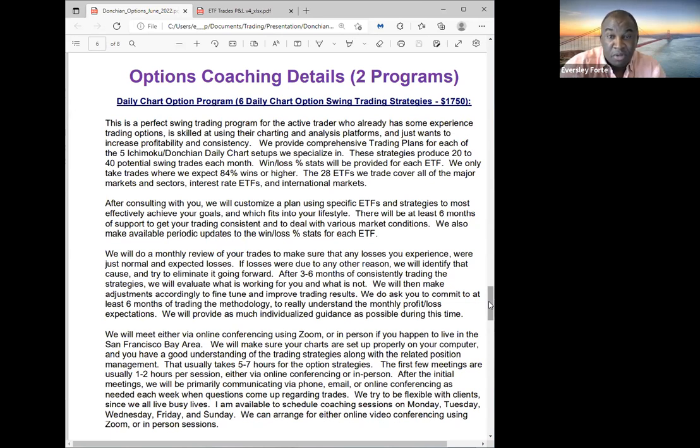It's not just how much money you make or lose, it's the net result of the wins and losses. So yes, you're going to take your losses, but you also have to have winning trades going on during that time to offset those losses.